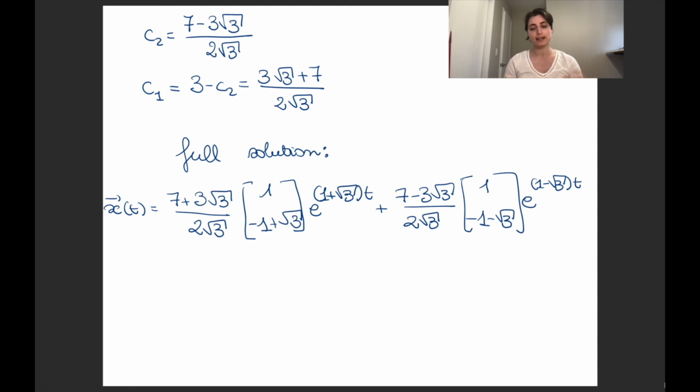We know that eigenvectors are defined up to a constant. So we could have taken something that is bigger or something that is smaller, something that is multiplied by -1. The choice we made determined the choice of c1 and c2 that we have found. If we had made another choice, all these steps would have followed in the same way, except the final result for c1 and c2 would have been different.